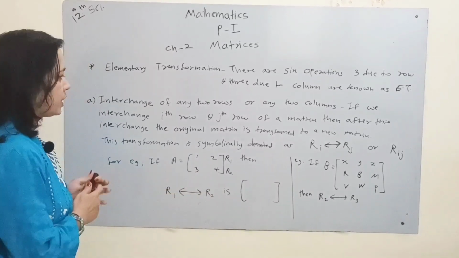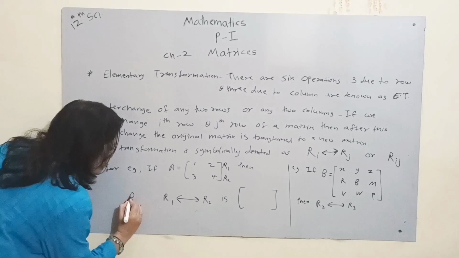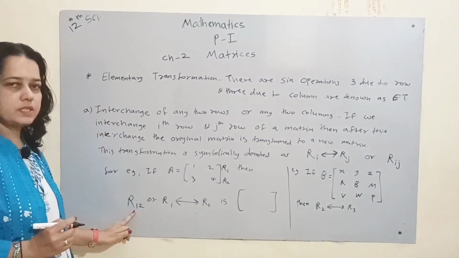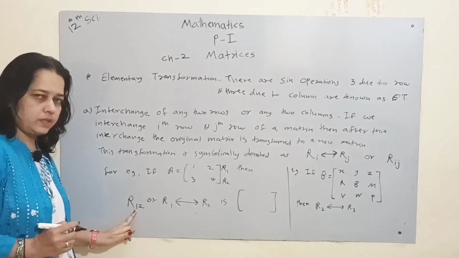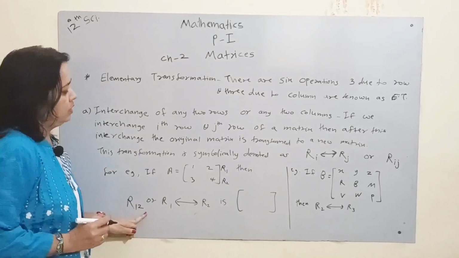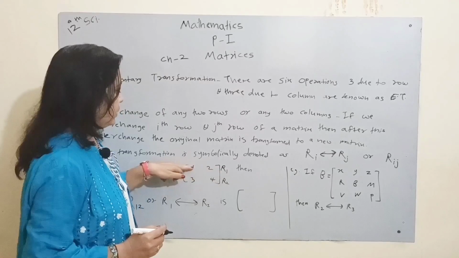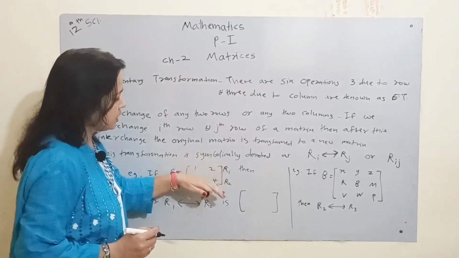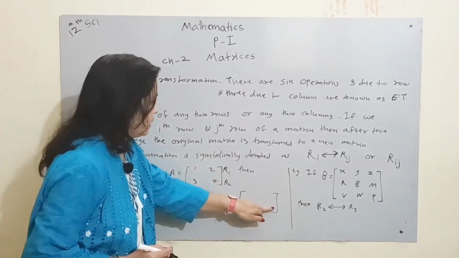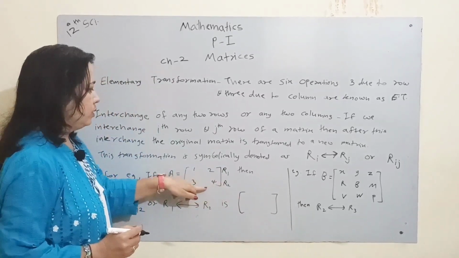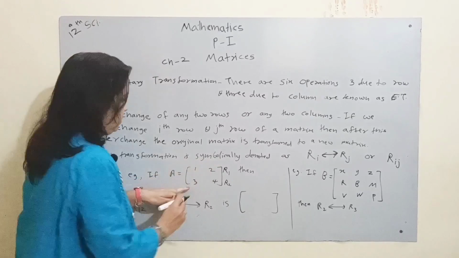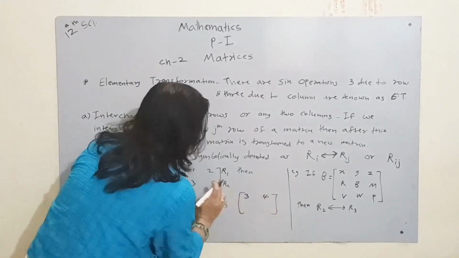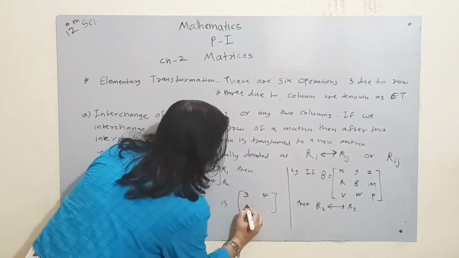It is also denoted by R12, which means we have to interchange row 2 to row 1 and row 1 to row 2. So here row 1 is 1 2, so we have to write this row 1 instead of row 2, and R2 instead of R1, row 1, that is 3 4 is here, and 1 2 is in the second row.